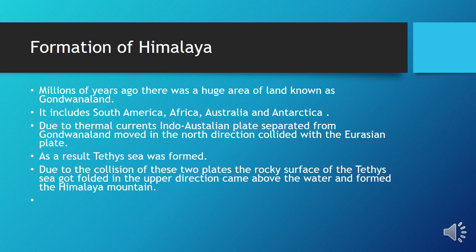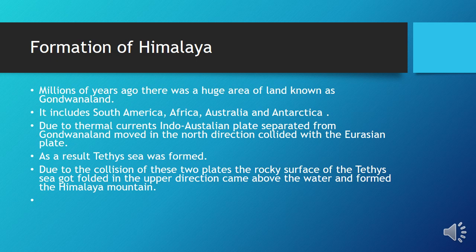Because of the collision of the Indo-Australian plate and Eurasian plate, the rocky surface of the Tethys Sea got folded in the upward direction, came above the water and formed the shape of mountains. This is how the mountain range of Central Asia, which includes the Himalayas, came into existence.